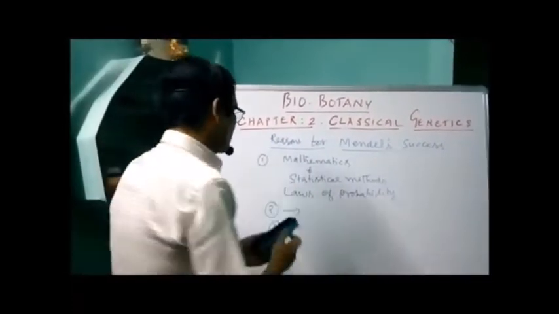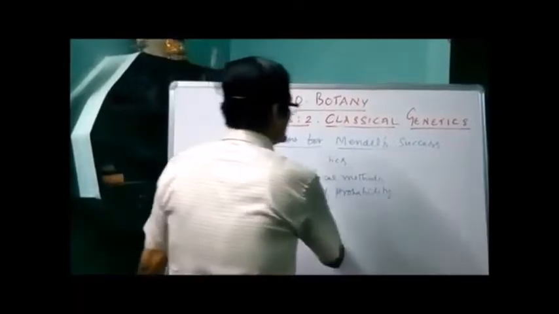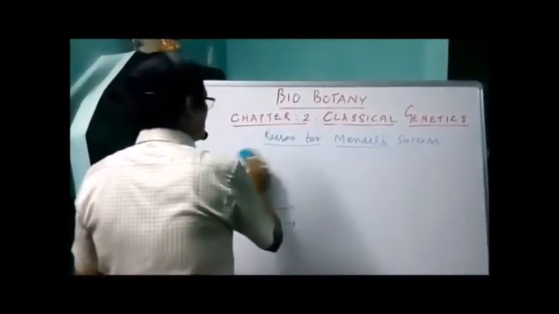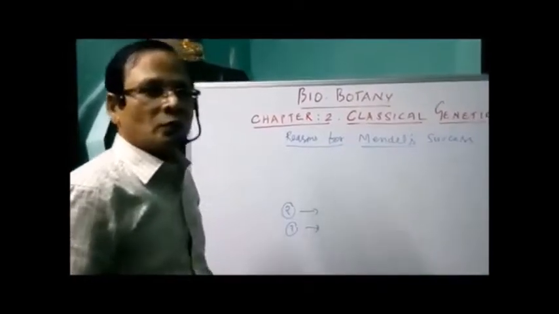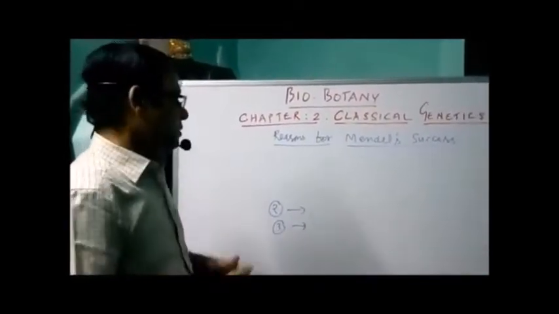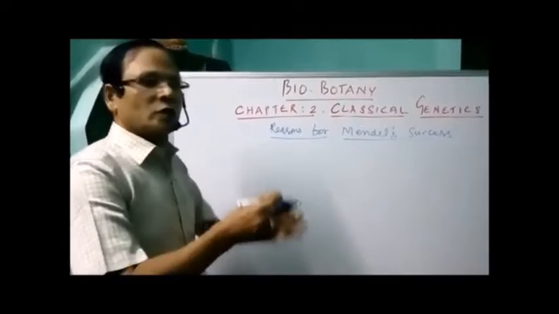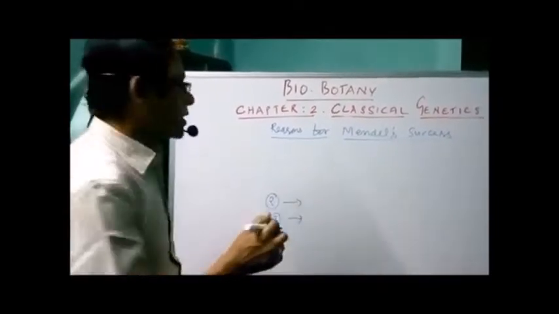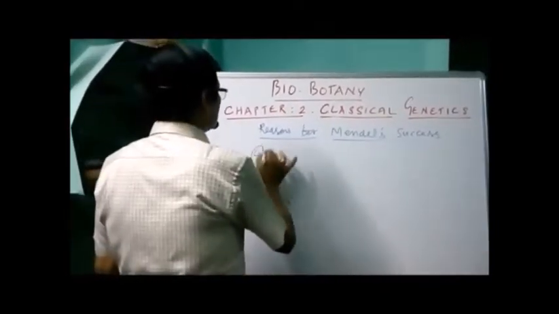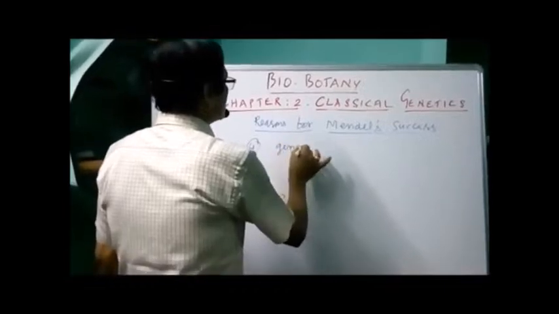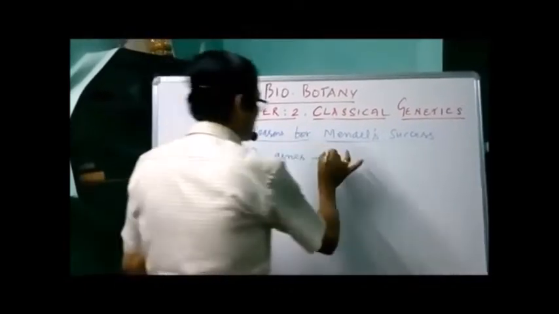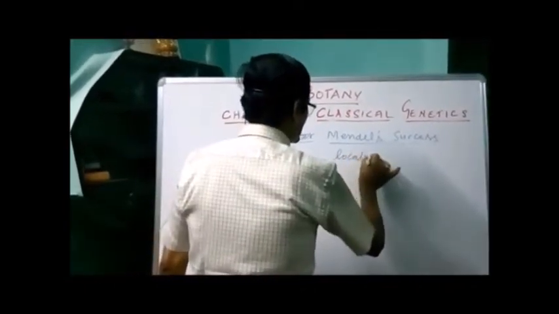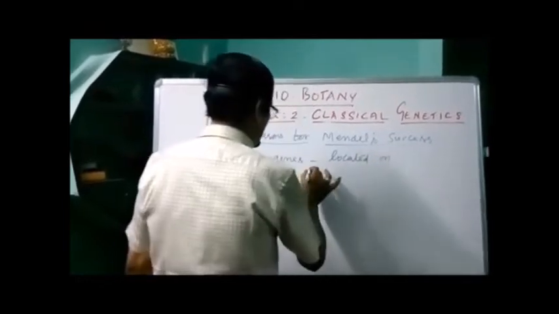The fourth one, the contrasting characters which were taken by Mendel were controlled by genes located on different chromosomes.